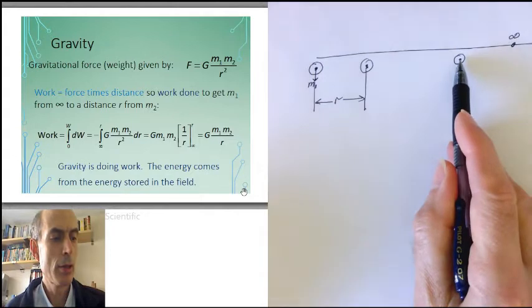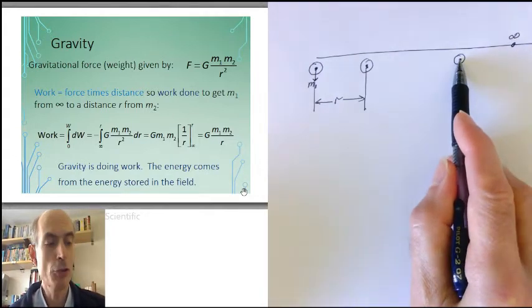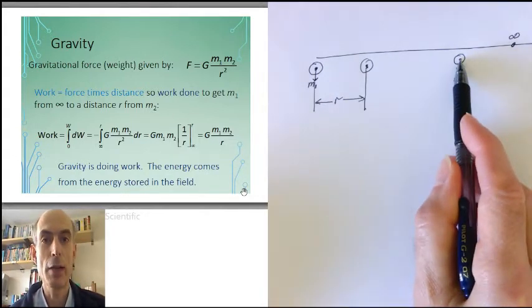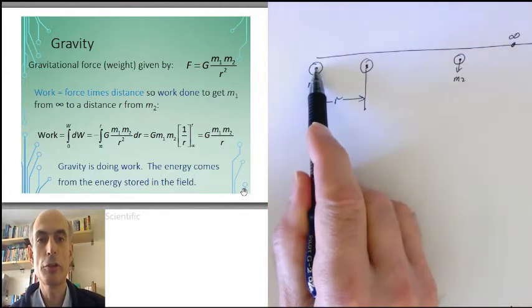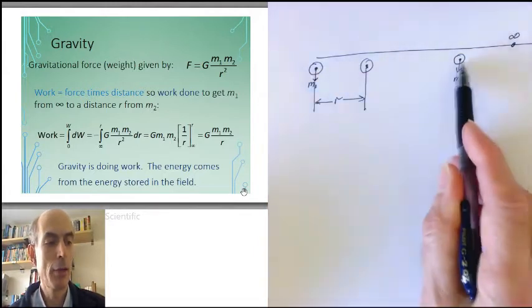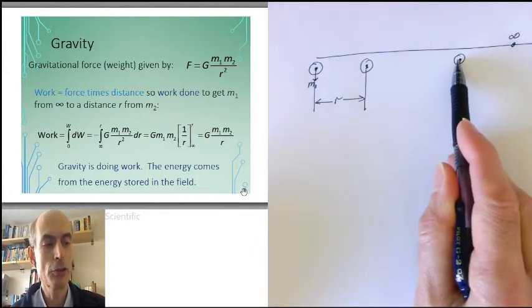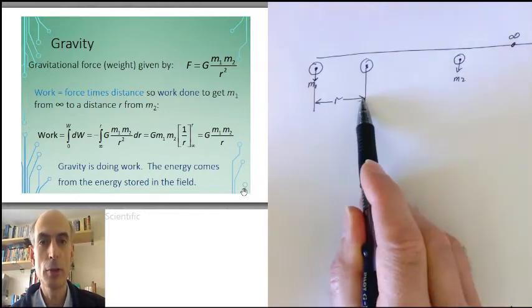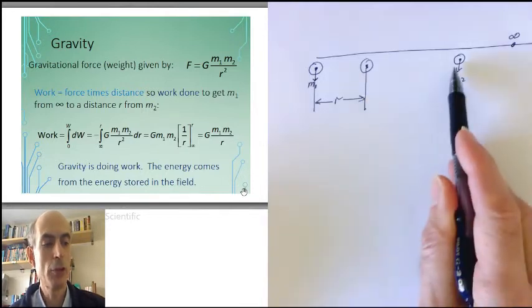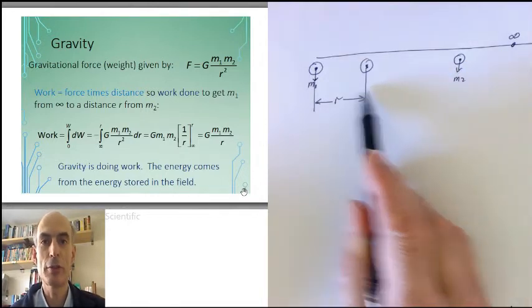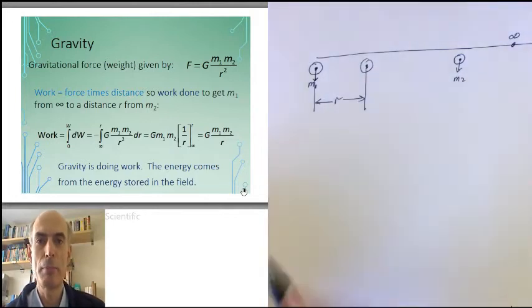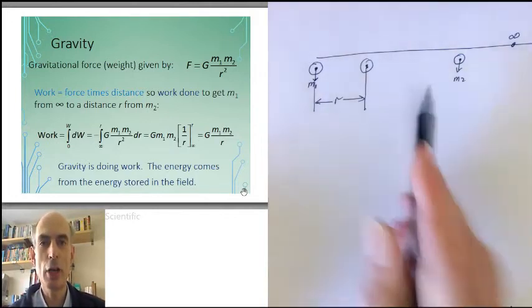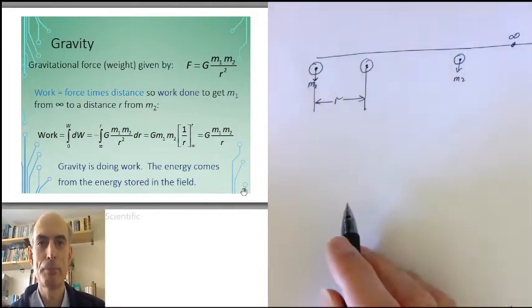Now, there is a force, the gravitational force, attracting that mass towards this fixed mass m1. And the object is moving in the direction of that force, which means that the force is doing work. So whatever is exerting the force, in this case gravity, is losing energy. And that energy is coming out of the gravitational field.